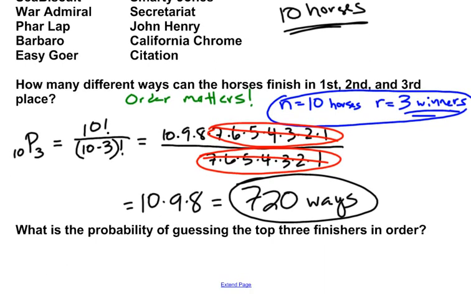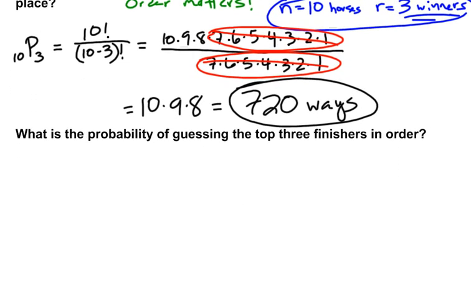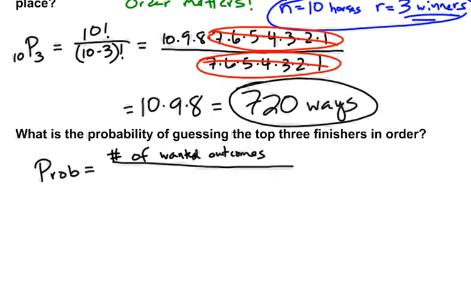Basically there's 720 ways for these horses all to finish. What is the probability that I guess that? Well, remember, probability is equal to the number of wanted outcomes divided by the number of possible outcomes.